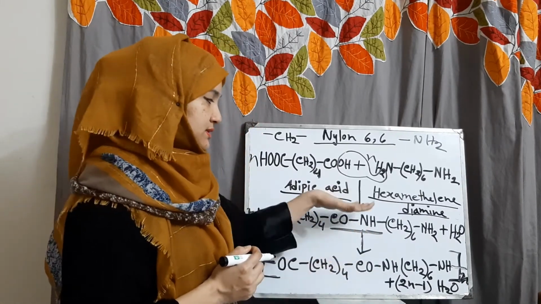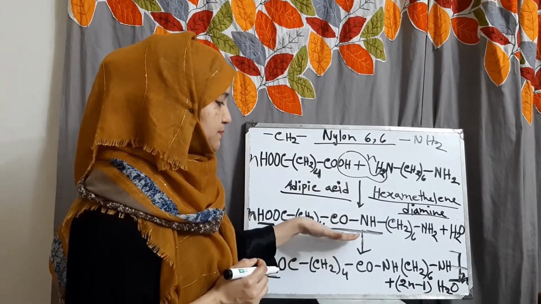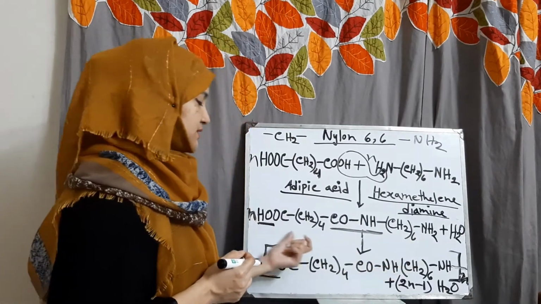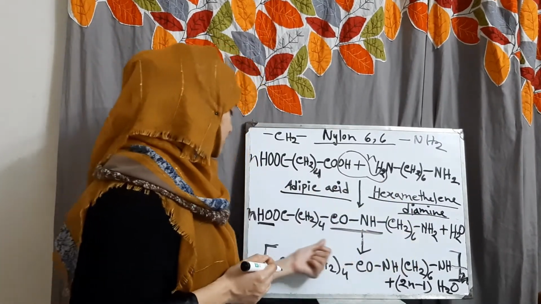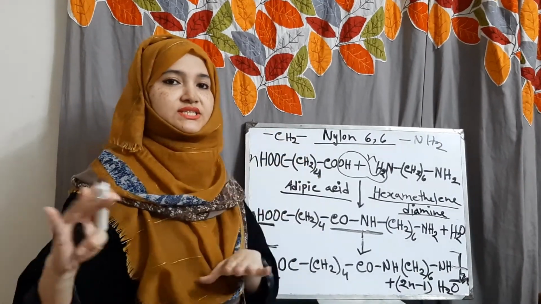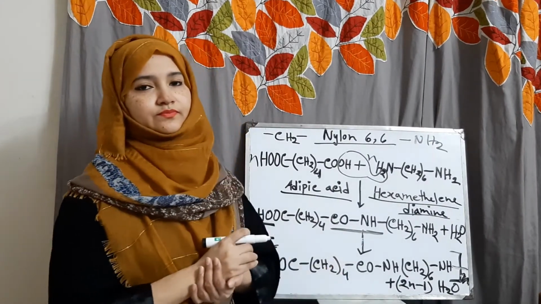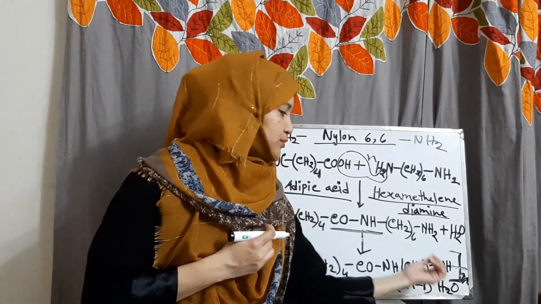This is step 1. Then step 2: this amide compound joins together on a large scale and produces nylon 6,6, and a small molecule, water, is produced with this polymer.